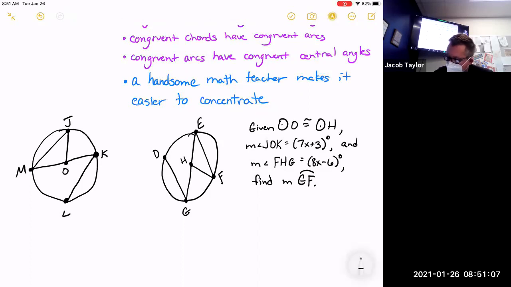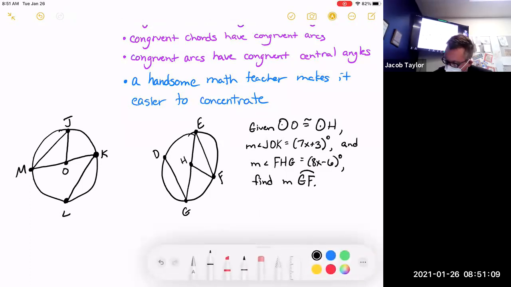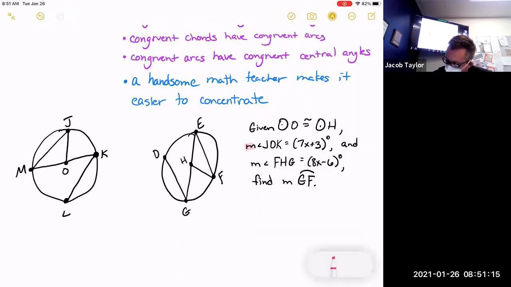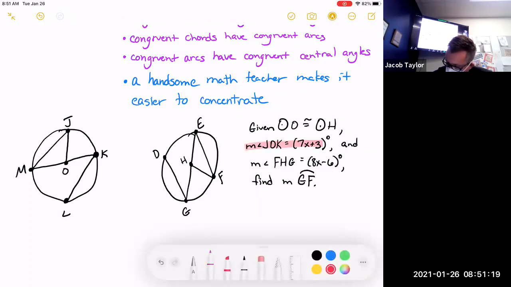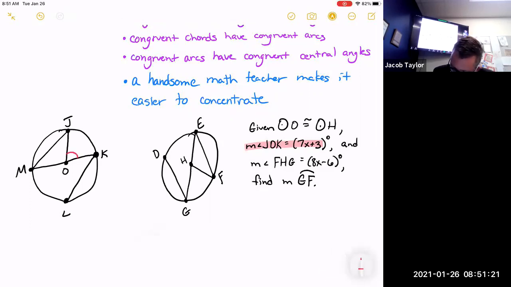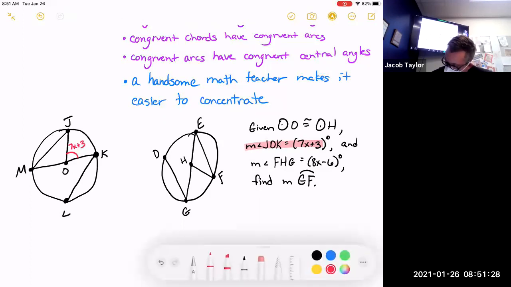So the first thing that I'm going to do is label what I know. I know, for example, that the measure of JOK is that thing. So this is JOK right there. And I know that FHG is that thing.